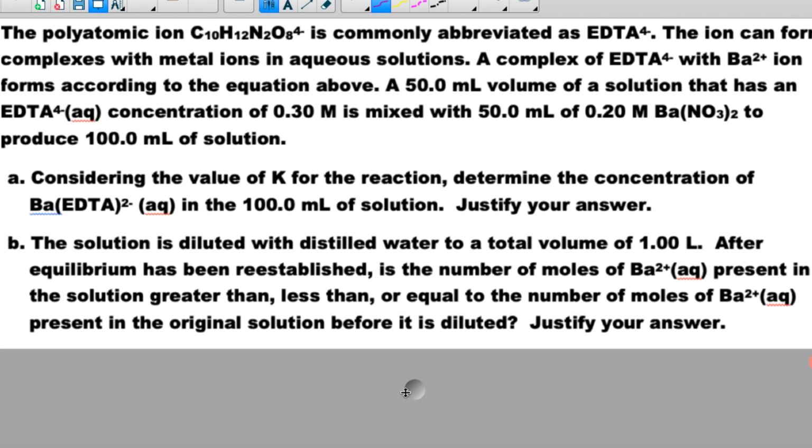Then it says the solution is diluted with distilled water. After equilibrium has been reestablished, is the number of moles of barium greater than, less than, or equal to the number of moles present in the original solution before it is diluted?